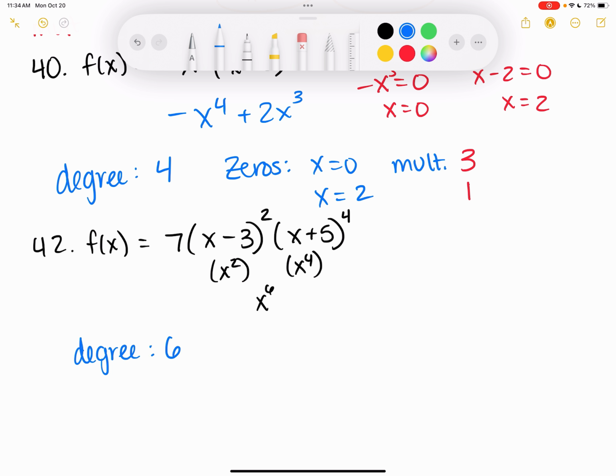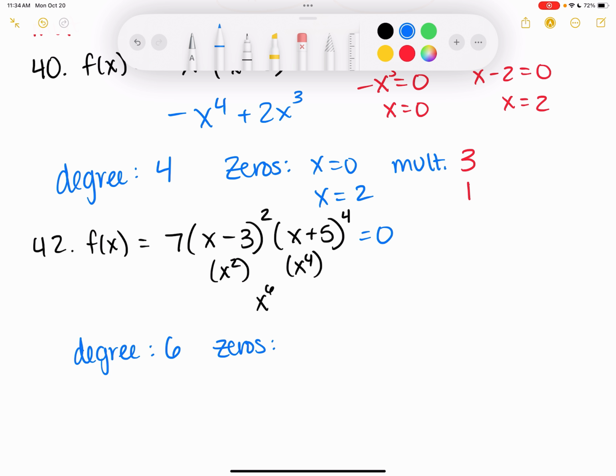For the zeros, I'm ignoring everything that I just did there, and I'm setting this top equation equal to 0. If I do that, what happens to the 7? 0. Yeah, it just goes away, disappears.